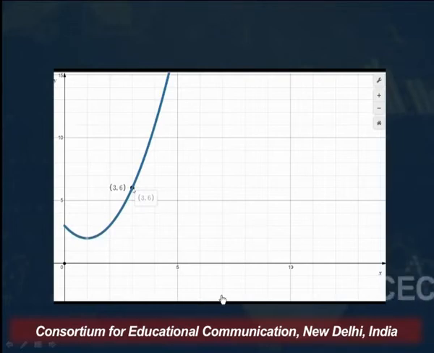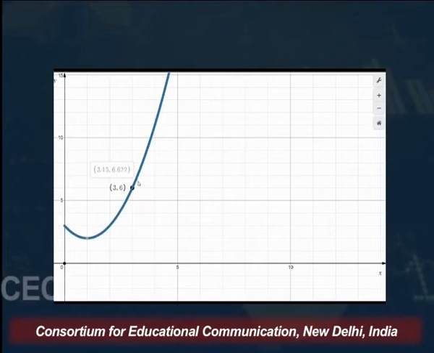Similarly, we can take values of x larger than 3 and see how the function changes value. So let's slide across the graph. Here we have x equal to 3.2, where the value of the function is 6.84. As we come closer, at x equal to 3.15, the function value is 6.622.